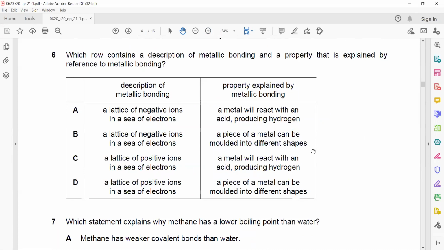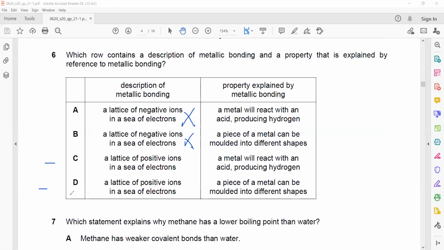Question 6. Metals don't have a lattice of negative ions, they have a lattice of positive ions in a sea of electrons.